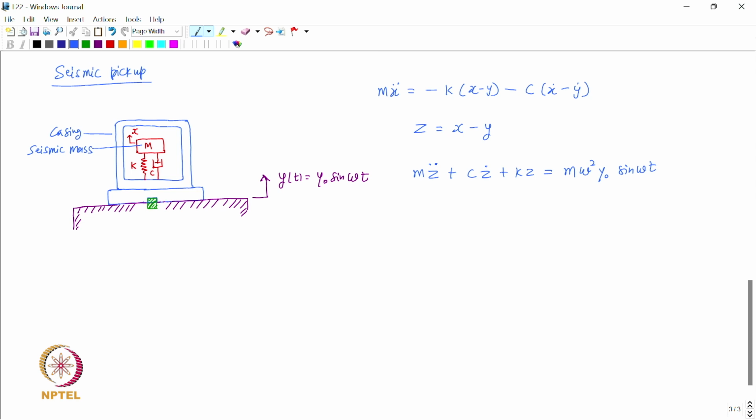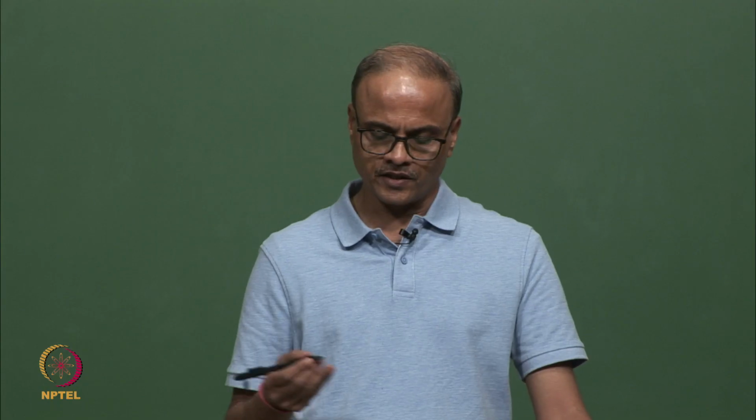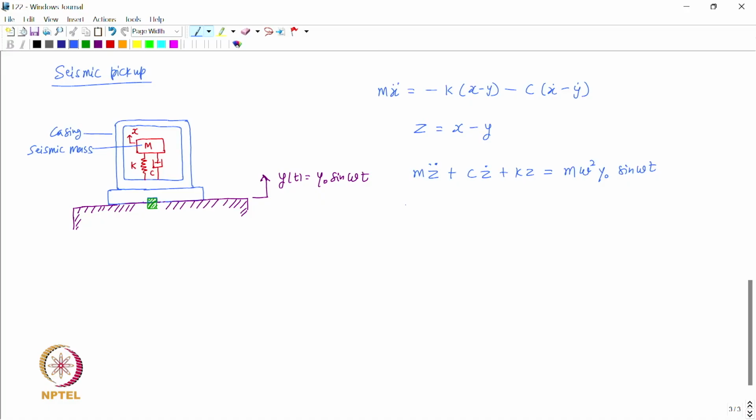So, here basically the seismic mass is essentially being subjected to a base excitation, right, y of t, and z is the relative displacement of the seismic mass. And if we solve this differential equation and obtain the steady state response, and if the steady state response is given by, let us say, z of t is equal to z naught sin (omega t minus phi), where omega is the frequency of the vibration and phi is the phase angle of the response.